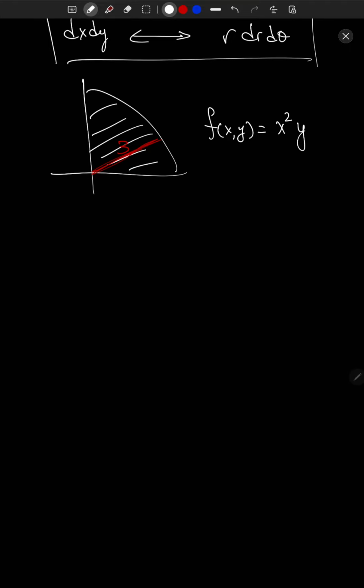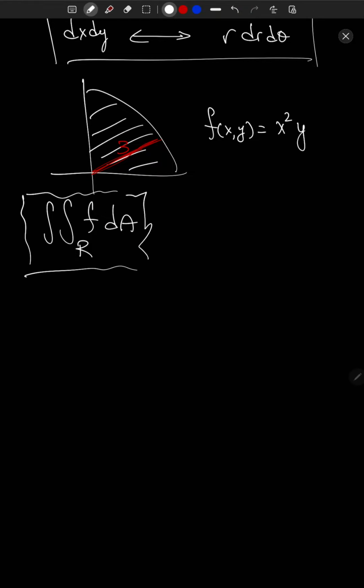So I want to calculate the double integral of f dA over R. This is why we introduced this dA and this R notation. Sometimes we'll be integrating with rectangular coordinates, sometimes in polar coordinates, so we want one notation to cover it all.